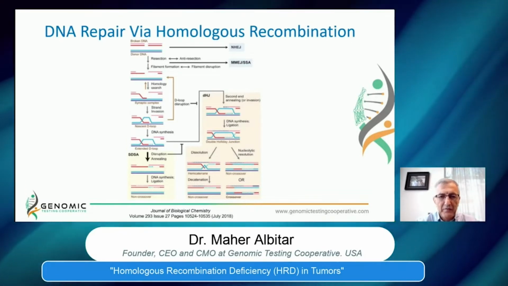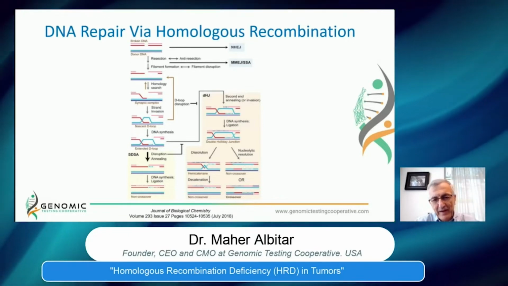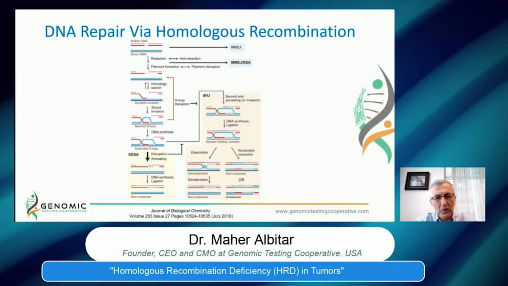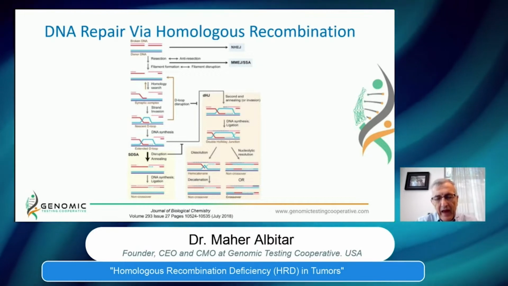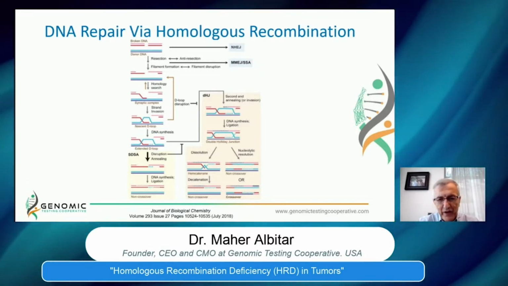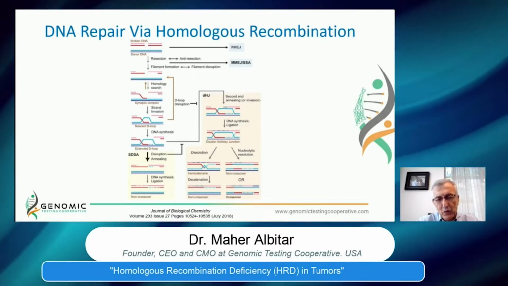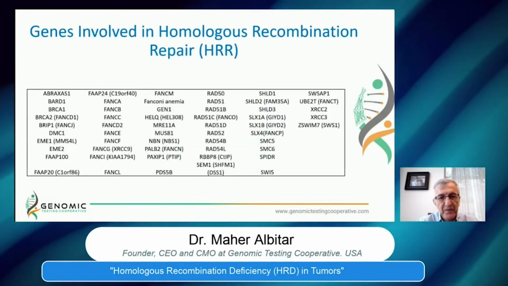So this is where the system is dependent significantly on the HRR, or the homologous recombination repair genes. And if there are any defects, mistakes can happen here. And this is where we end up with homologous recombination deficiency.